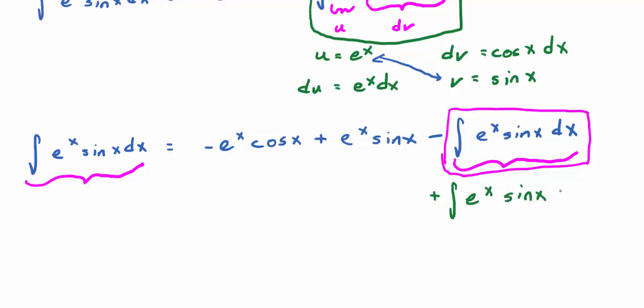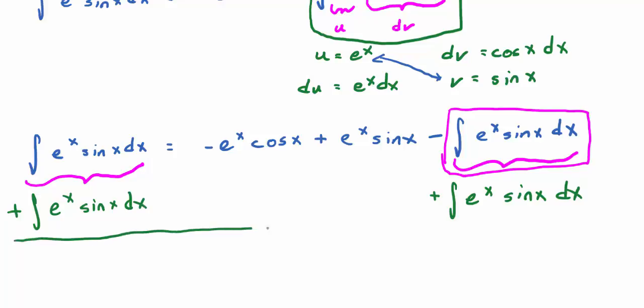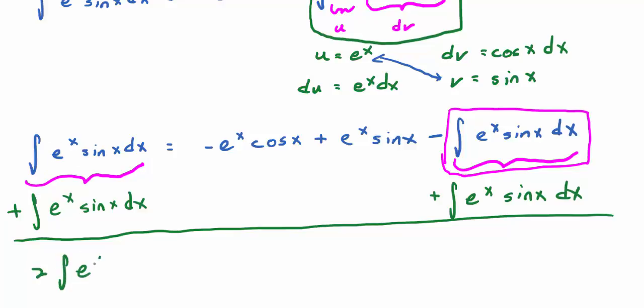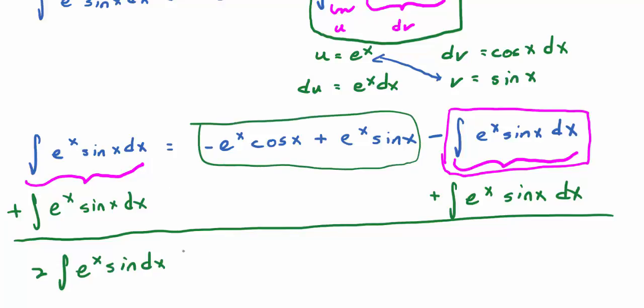So if you add to both sides, we're combining like terms. And then I make it a vertical addition problem when I teach it in Math 60. So I have two of these integrals. 2 times integral e to the x sine x dx is just equal to whatever's left over here. Can I rewrite it as e to the x sine x minus e to the x cosine x? I like having the minus second, that's just my own preference.